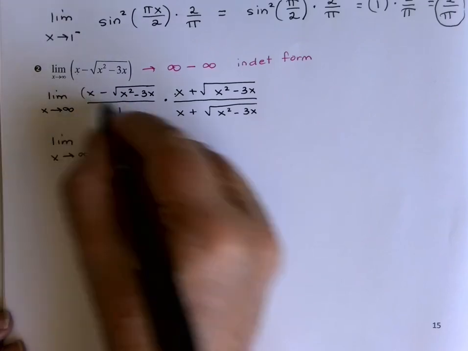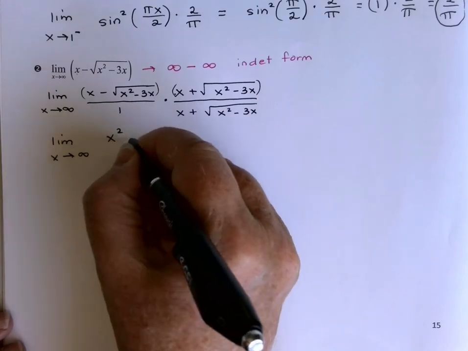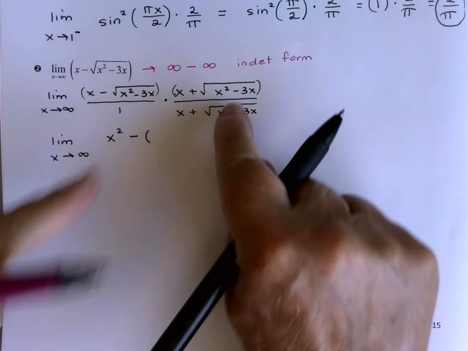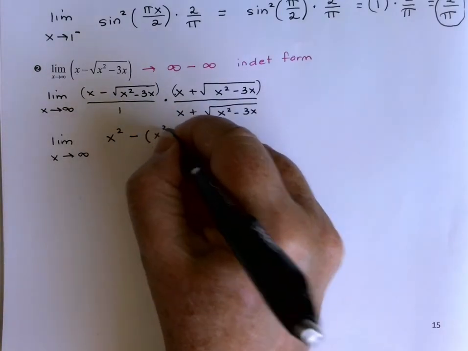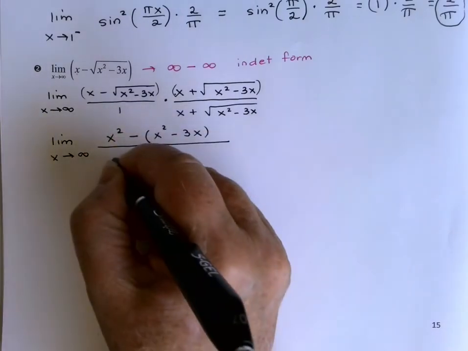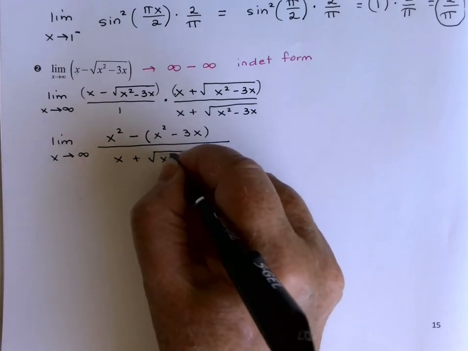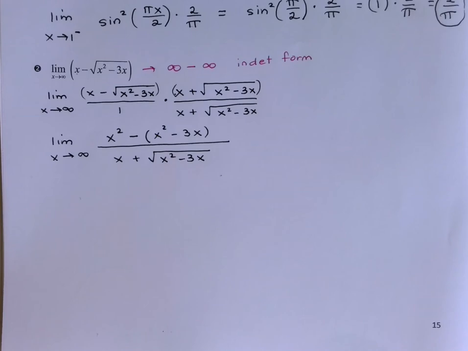So on top, x times x is x squared. Outers and inners will cancel. And then I get subtract this quantity, x squared minus 3x. The bottom is just x plus the square root of x squared minus 3x.